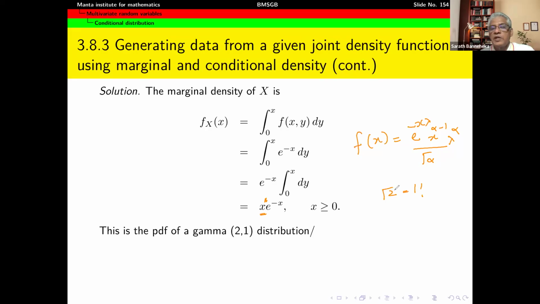If you consider gamma n, where n is an integer, we know that it is equal to n minus 1 factorial. So using that, gamma 2 is equal to factorial 1, which is 1. And when lambda is equal to 1, of course, this is 1. So you can see this is actually the density function of a gamma 2-1 distribution, right? So it's not an exponential distribution, it's a gamma distribution.